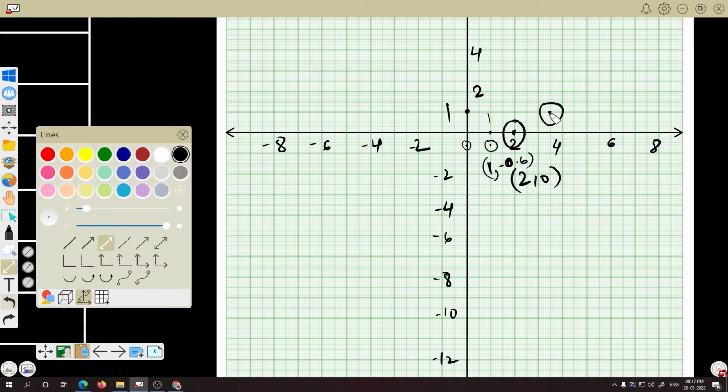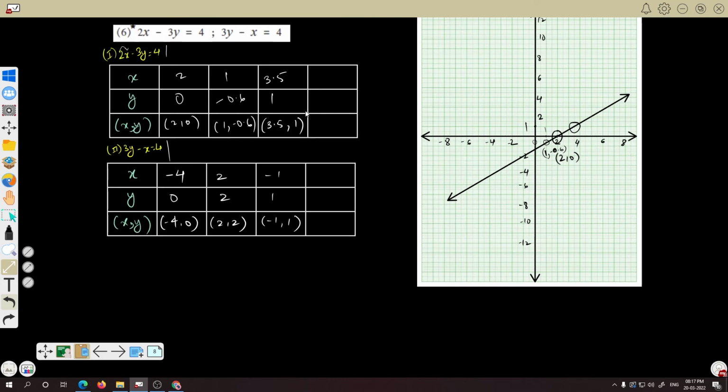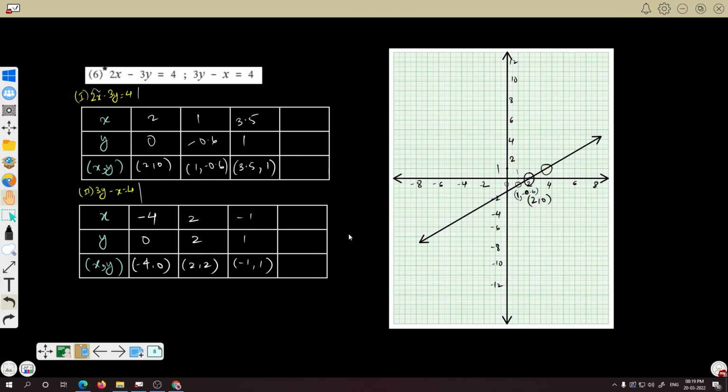I'll join the points to plot the graph. Make sure that the points lie on the line. Fine. So this line represents the first line.